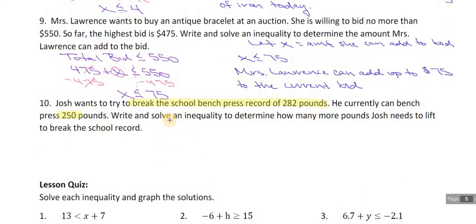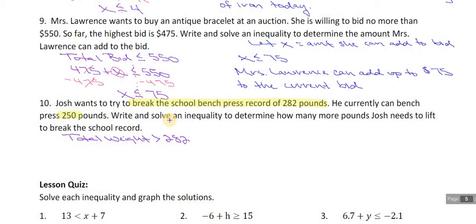So the total weight that Josh lifts needs to be greater than 282. Are we going to put an or equal to sign there? I'm going to go with no. We're not going to put an or equal to sign there because you're not breaking the record if you lift 282 pounds.